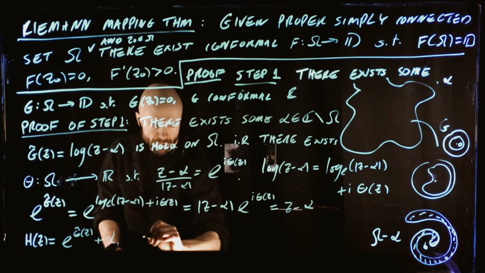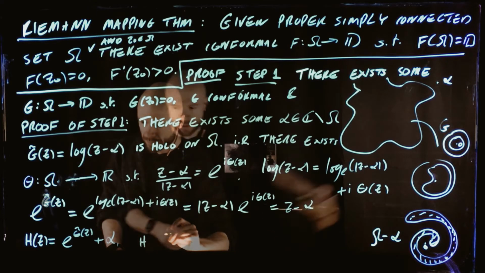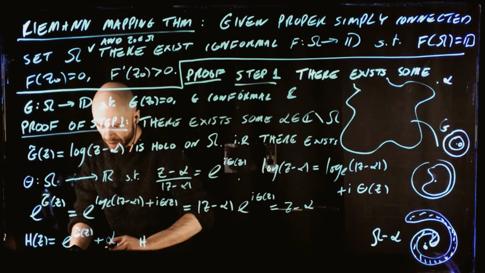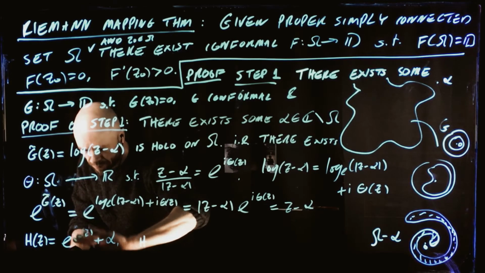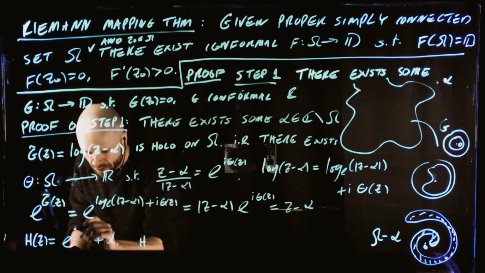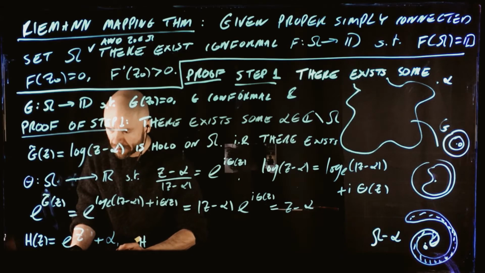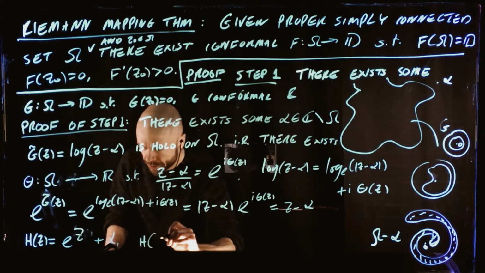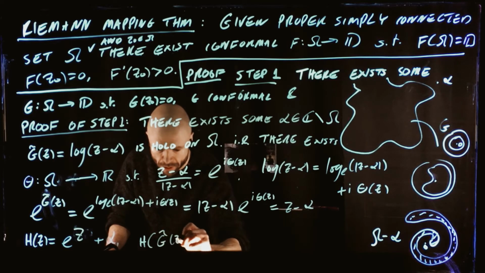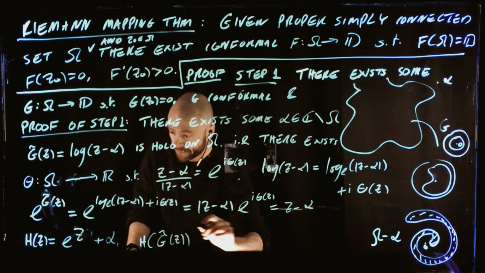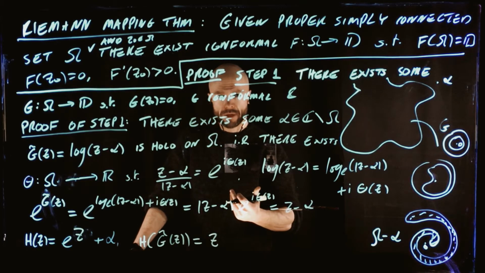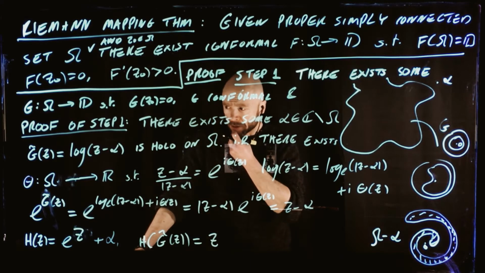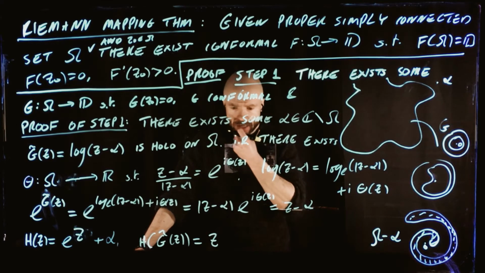So if we define this guy not like this, but like this, of z like this, then what happens then? H of g tilde of z is exactly equal to z, right? So h is the inverse, right? H is the inverse.